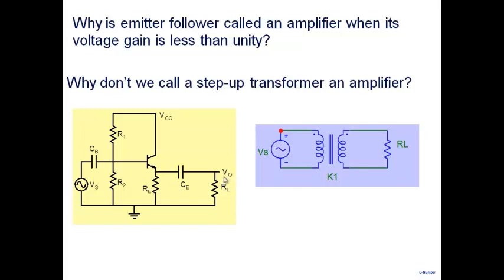So what we'll see here is that the power delivered to the load is much larger than the power that I take from the source here. And therefore, even though voltage gain is 1, it builds a power gain. It builds a power gain, and that's why we call it an amplifier, even though voltage gain is less than unity. And this one, we cannot call it an amplifier. So the necessary condition is power gain.